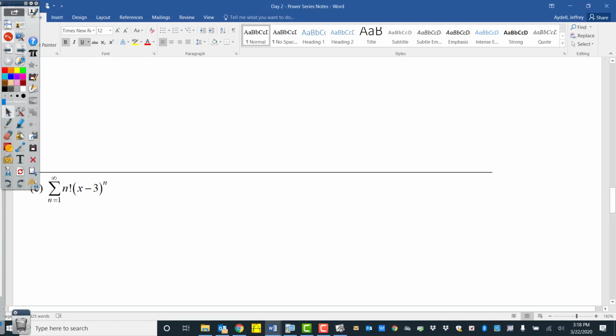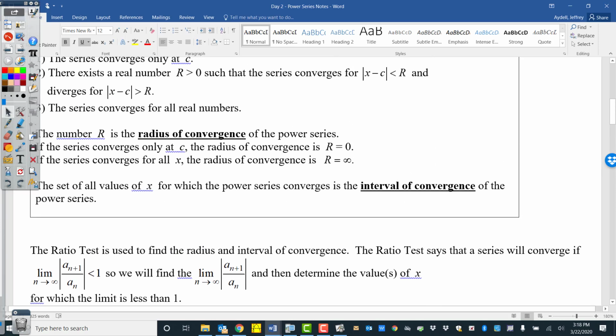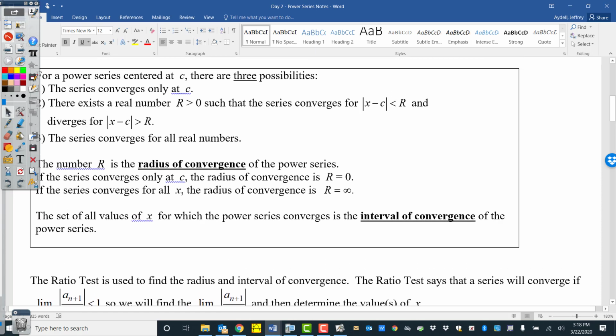So when we go back and look up top, we see that if the series only converges at c, then the radius of convergence is r equals 0. Now, some of y'all might be asking, why don't we say this diverges? Because there's a reason power series have a center of convergence. For a power series, it will always, always, always do one of these 3 things that we talked about earlier.